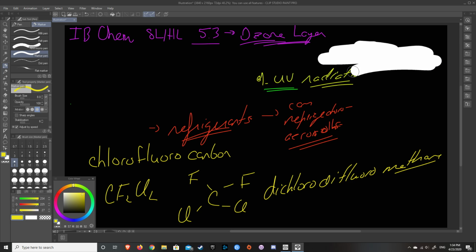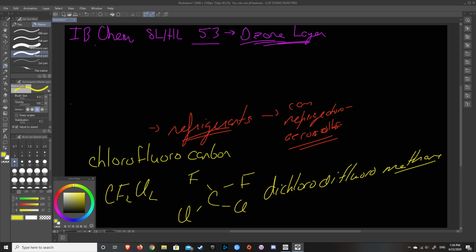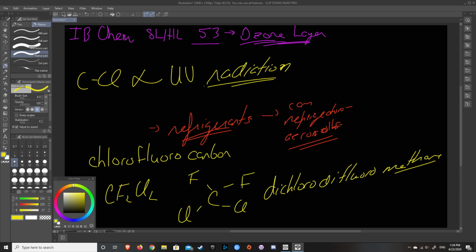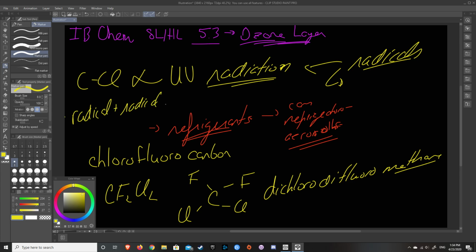And the unfortunate part is that the energy of the C-Cl bond in the CFCs is proportional to UV radiation. And that's a bad thing, because it absorbs UV radiation and forms radicals. And what happens is that when a radical comes in contact with a radical, they react together to terminate.